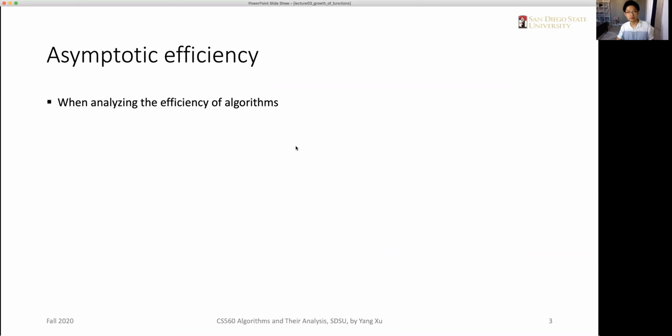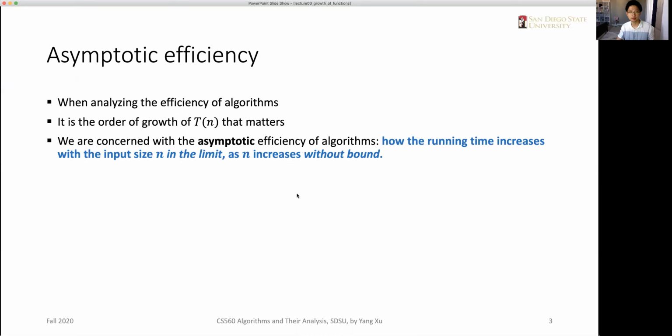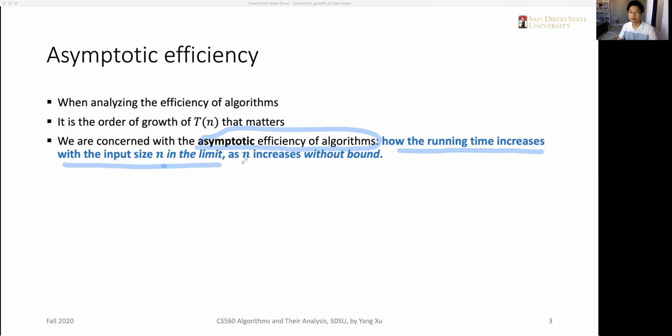Asymptotic efficiency is something we care about when we analyze the efficiency of algorithms. It is the order of growth of the running time function that matters, not the actual value. This is the so-called asymptotic efficiency of algorithms. It basically describes how the running time increases with the input size n in the limit, as n increases without bound.